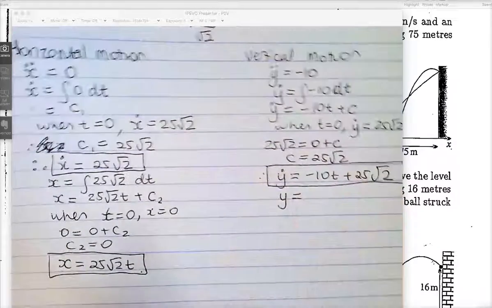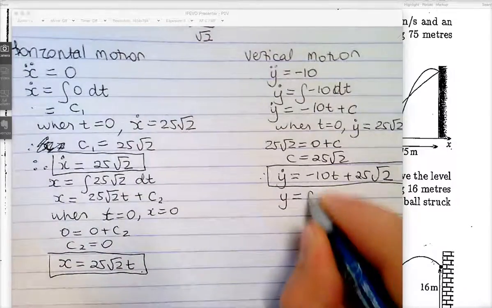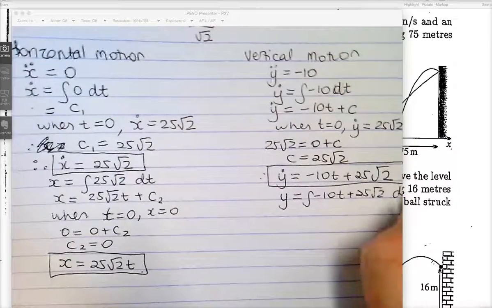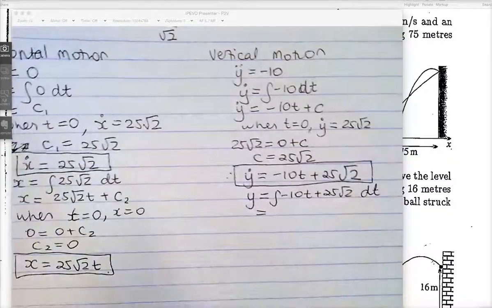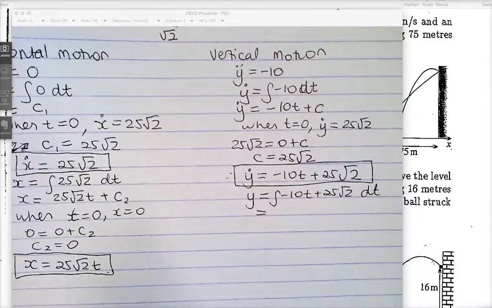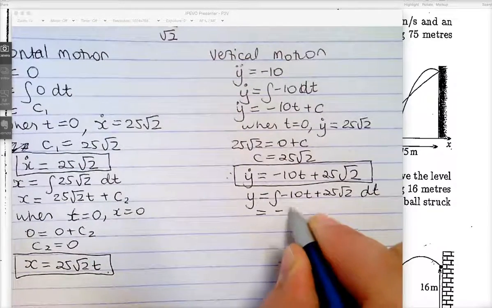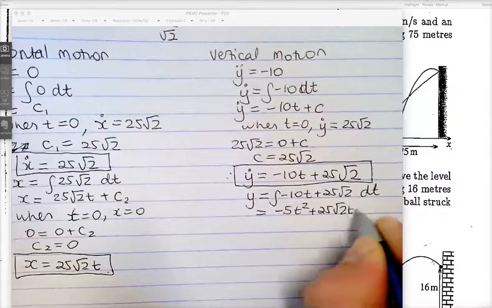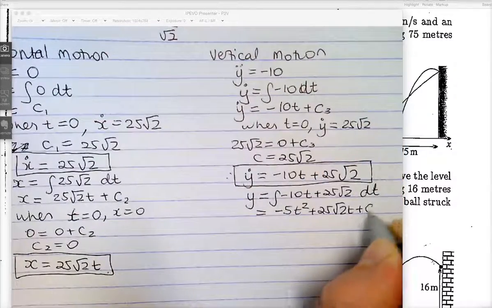Now, y equals, what are we doing now? Integral of negative 10t plus 25 root 2 dt, which is, try not to write it as negative 10t squared on 2, just simplify it straight away. What do you get? Negative 5t squared plus 25 root 2t plus, so that last one was C3, we're now up to C4.